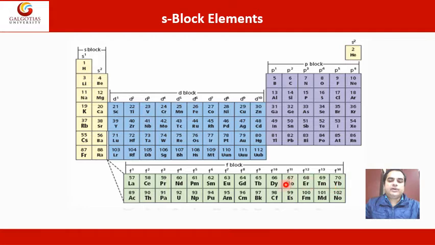Why are they located at the bottom? Because their position is in the sixth and seventh periods, but due to the shortage of space, they are placed outside the main modern periodic table. That's why they are also referred to as inner transition elements, because D block elements are referred to as transition elements.